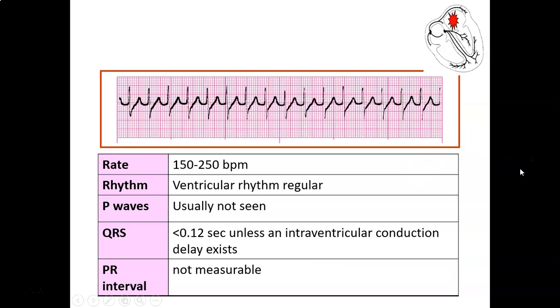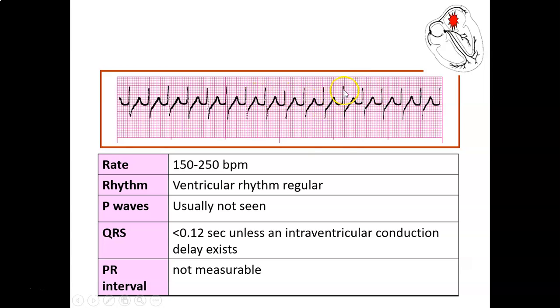Now let's go through another very important rhythm strip. Most people who are working in the critical areas, emergency department or cardiology units, come across this type of rhythm. Here the rate is fast. Obviously this is tachycardia, and it's regular.